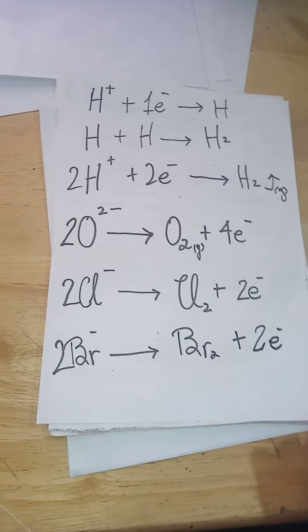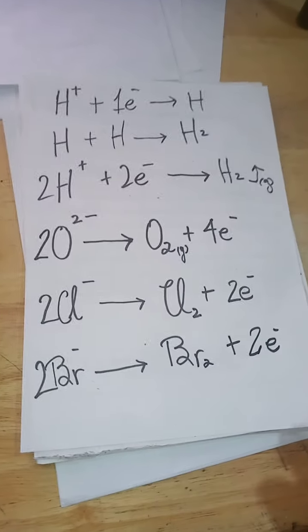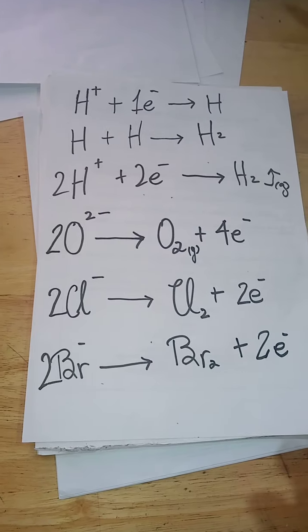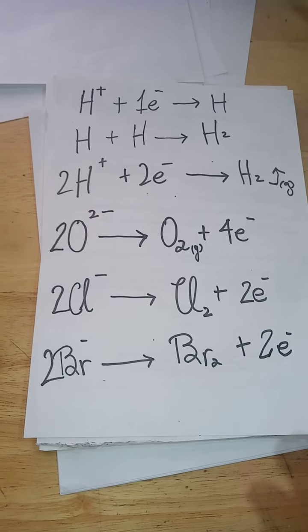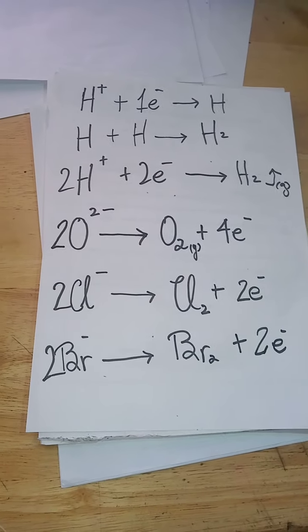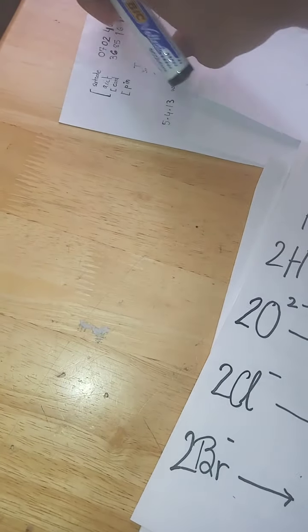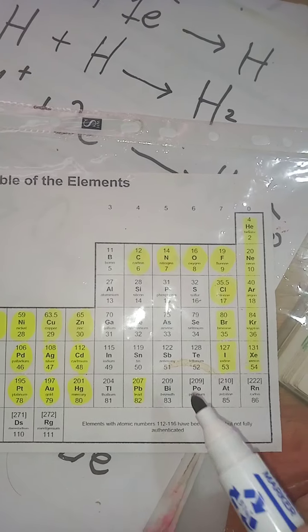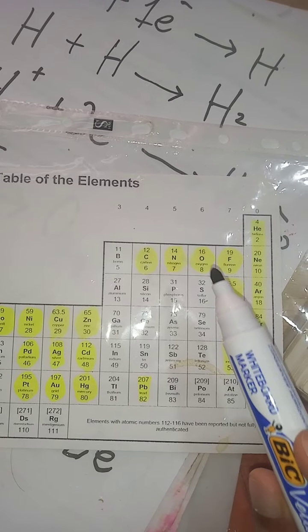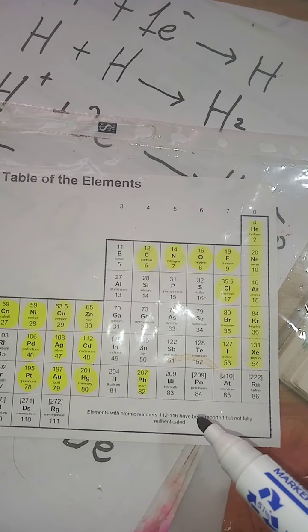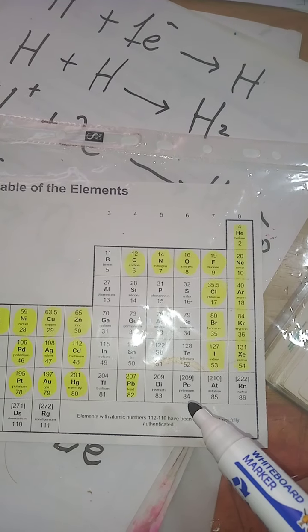And for gases that are divalent, I can't think of any other. So oxygen, and I think the other one would be, let me pull out my periodic table. Here's the periodic table. So we can see we've got fluorine, chlorine, bromine, and that would be releasing the same way. And then we've got oxygen. I don't think we have any other divalent gases, so I'll leave it at that.